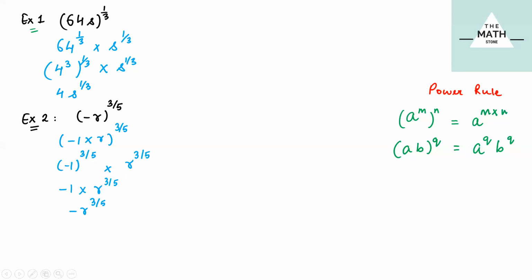All right, let's take another example. Example number 3. Let's say s raised to -4, raised to 5 over 6. So I'm going to use this identity, the first one. Let me name them: number 1, number 2. So first I'm going to use number 1.